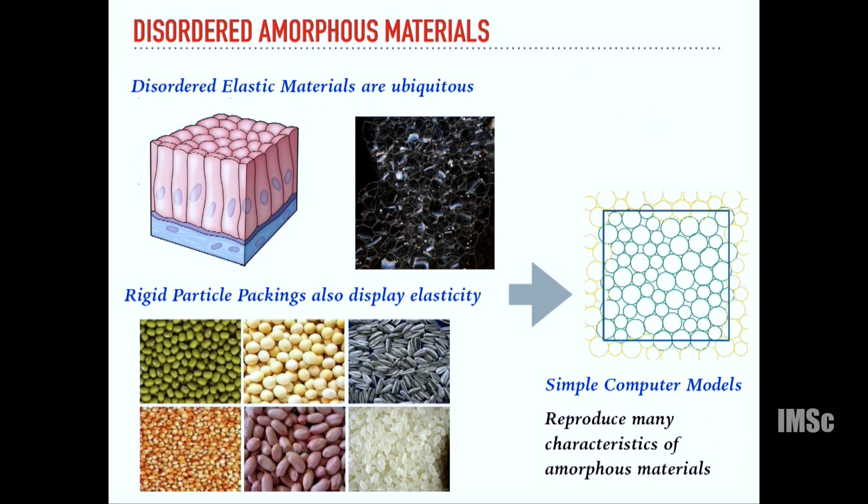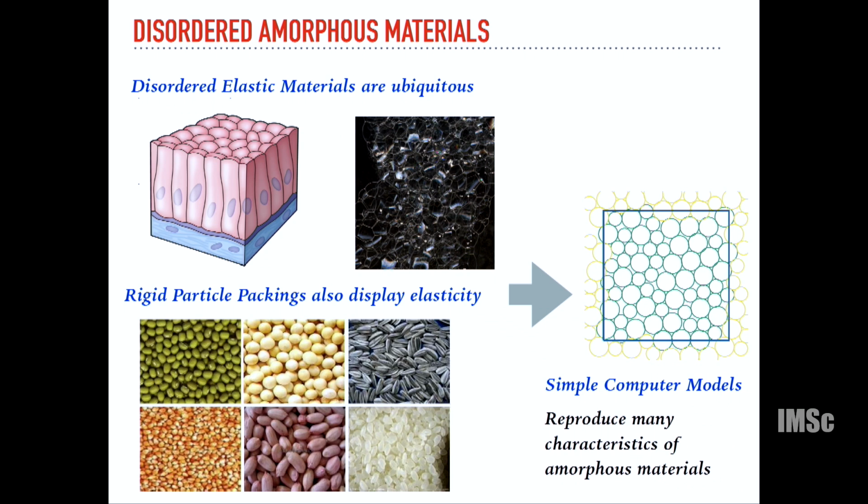So before I go into that, I'd give a brief introduction of what kind of materials I'm talking about. What I'm really doing is measuring such correlations in simplified models, but the kind of materials we are trying to model are these disordered amorphous materials, which are ubiquitous.